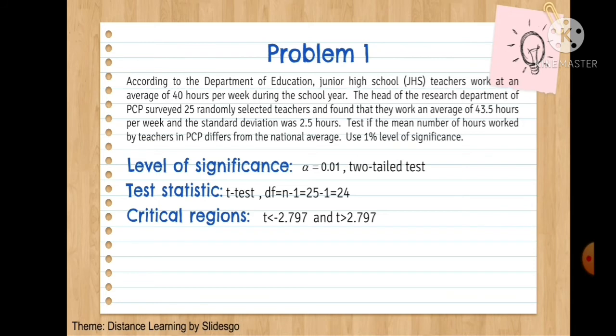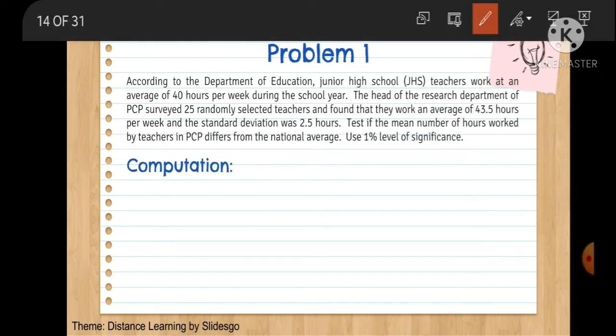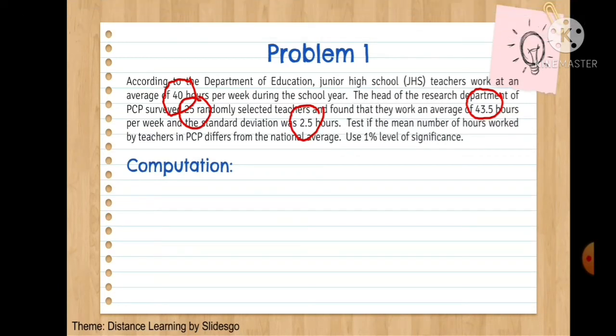Now let us go to our computation. Let us determine the given values. 40 here is the population mean, 25 is our n, 43.5 is the sample mean, and 2.5 is the standard deviation.